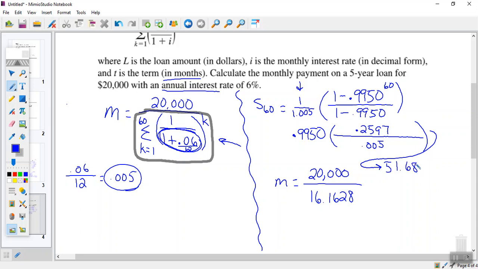51.6803. Yep. Okay, so instead of doing 20,000 divided by what we had, we've got to figure this in terms of monthly interest. So it'd be the 6% spread out over 12 months, which is 0.005 per month, or 0.5% a month. So let's get rid of that 16.1628 here.